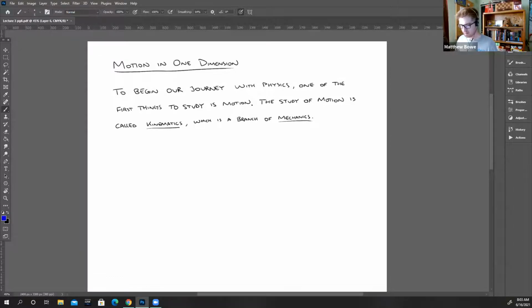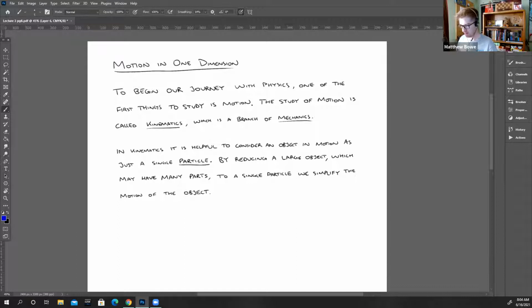Why kinematics is important is because it will allow us to not just observe and write down how things move. We can then predict things that we might not even have measured before. We'll get to a bit of that later. I don't think today.